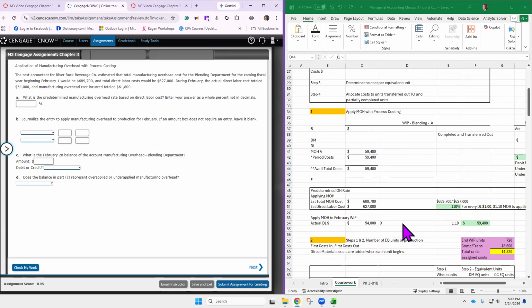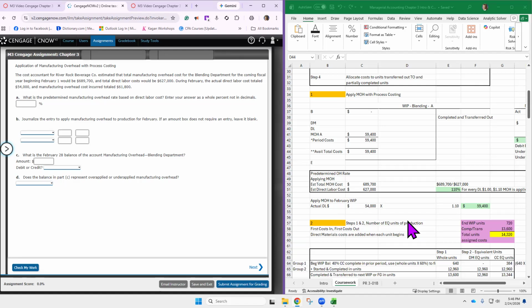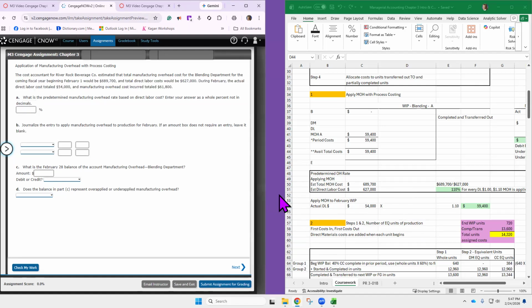So instead of direct labor hours, they're going to figure out the relationship between the cost of the overhead and the cost of the labor. I'll try to explain the best I can.